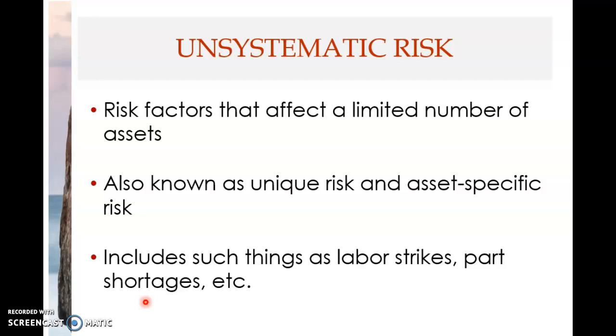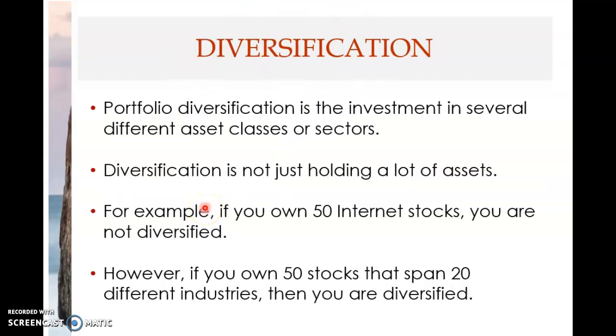So this will affect the return for that stock of the company, but it will not affect all the other stocks in the market. Okay, so this is called unsystematic, not in the system. It only affects one or two or three, a few companies, not all the companies in the system. Okay, that's why it's called unsystematic. I hope you understand that.